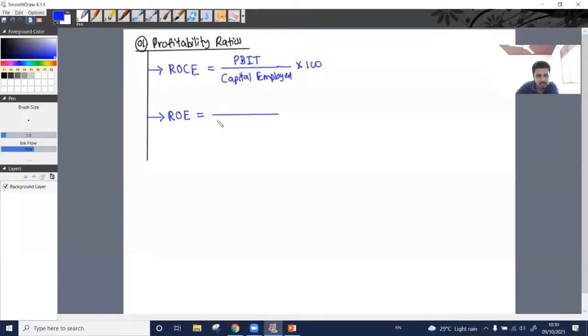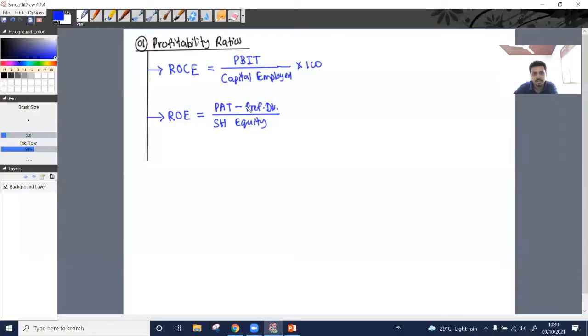Shareholders' equity. The equity belonging to the shareholders. Return on equity, right? What should be in the numerator then? Profit after tax, but we need to exclude any preference dividends we have paid. Profit after tax, or we can say profit for the year or net profit, all are the same.